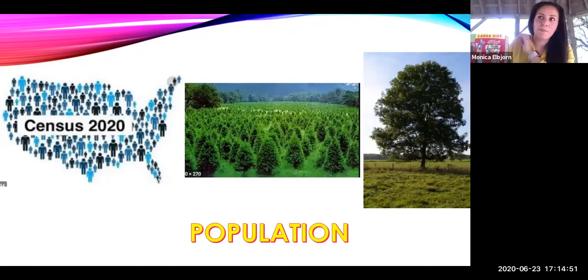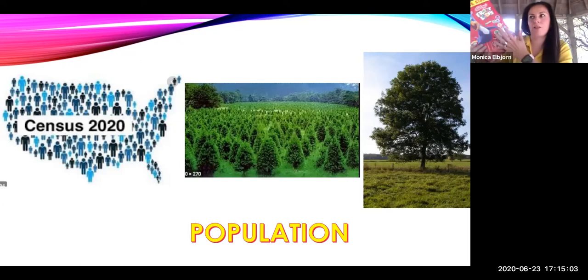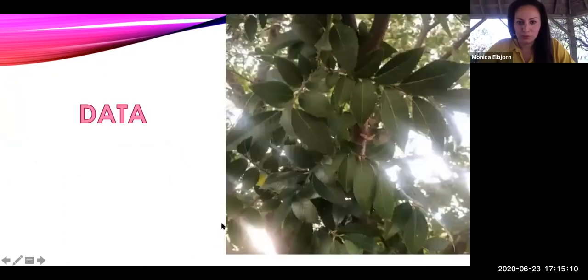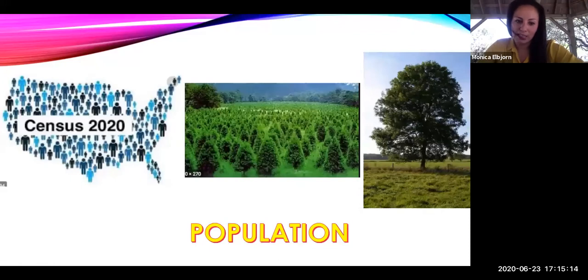But if we are in a manufacturing plant with hundreds of boxes, the whole population will be all of the boxes they produce in a day or in a whole year. And the sample will be if we pick like 5 or 10. So that's what I wanted to clarify.